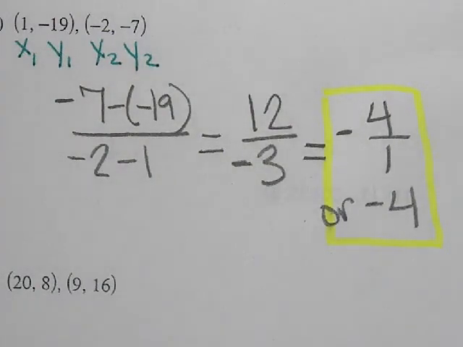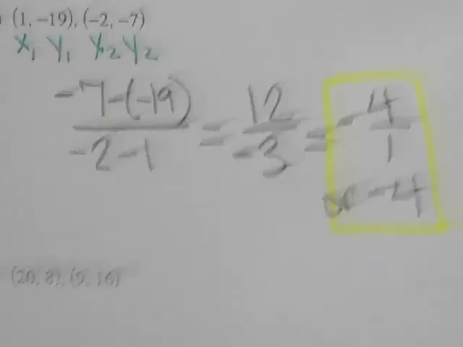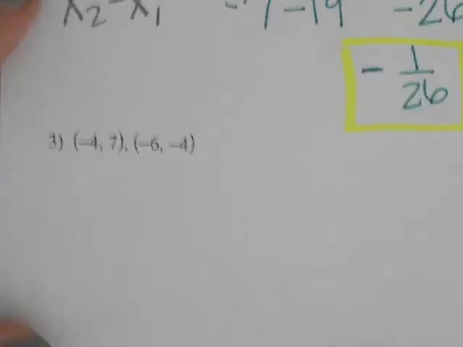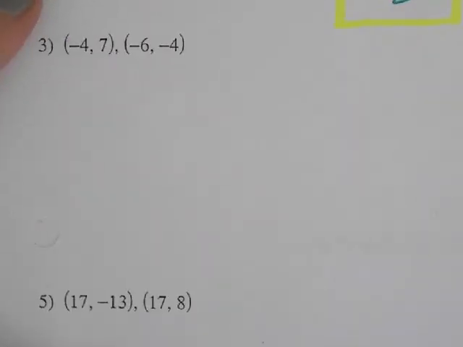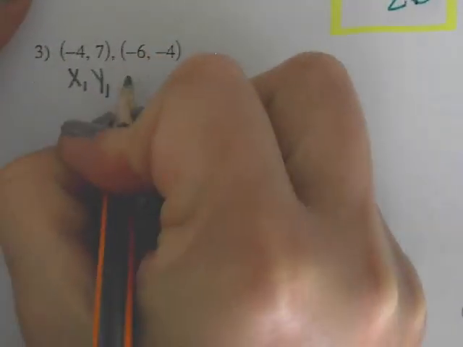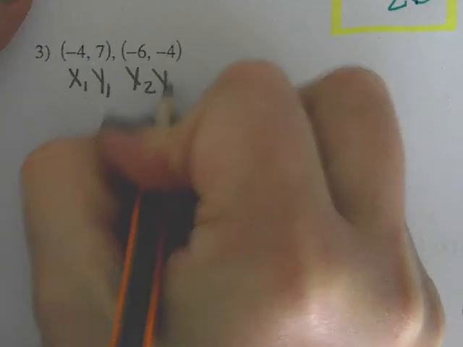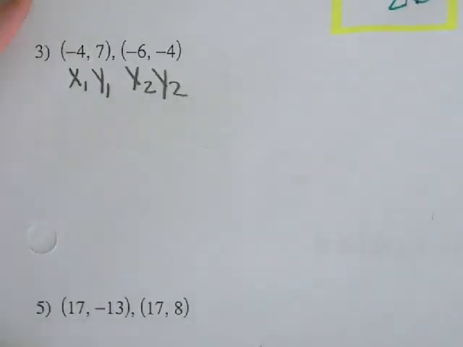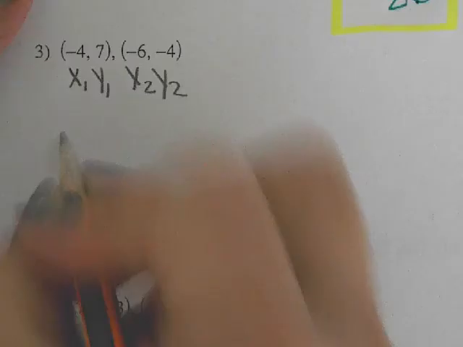Okay, let's try one more. So on this problem, I'm going to label x1, y1, x2, y2. So it's the change in y over the change in x.